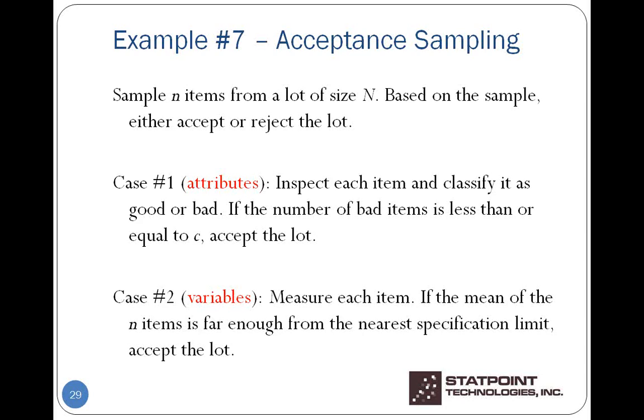You then take the mean and standard deviation of the little n measurements. And if the mean is far enough from the nearest specification limit, you accept the lot. If the mean gets too close to your specification limits, you reject the lot. That would be a variables plan.